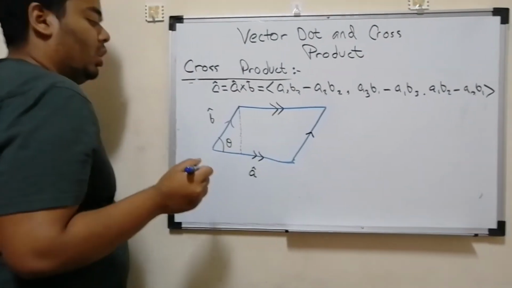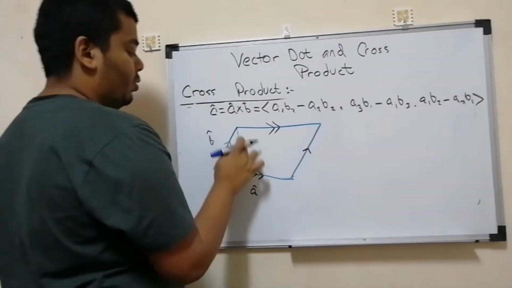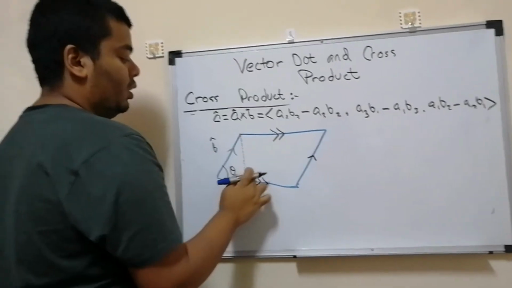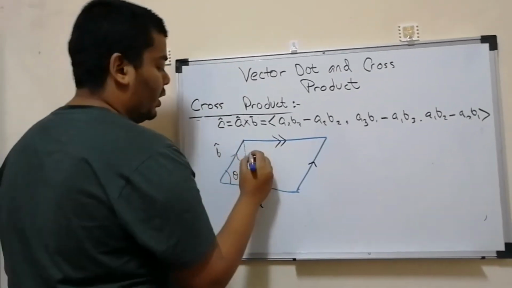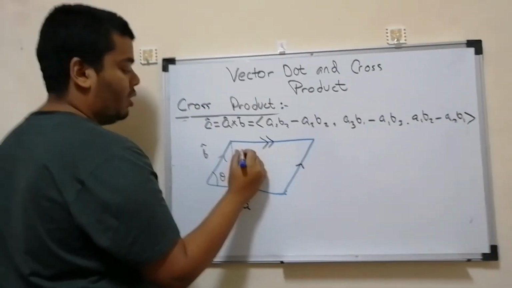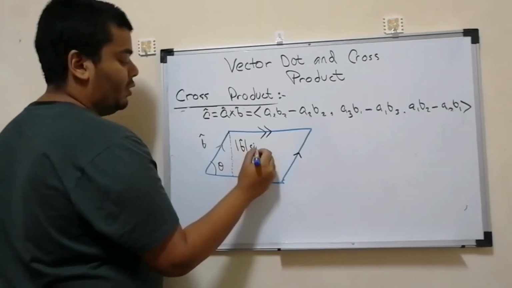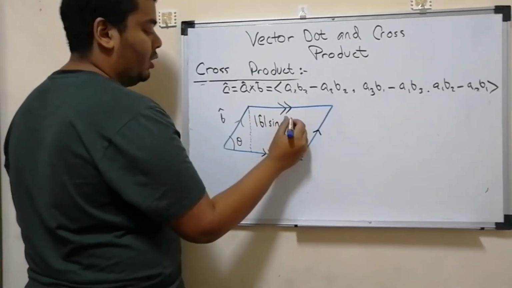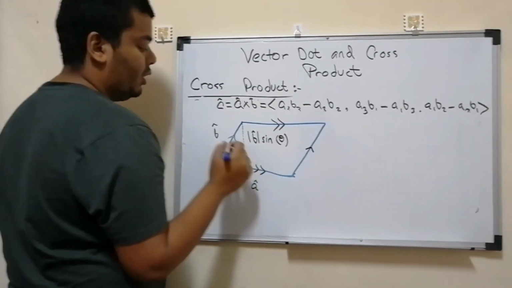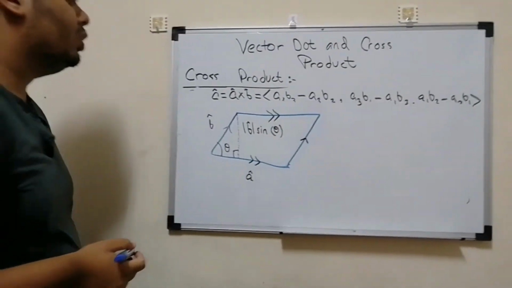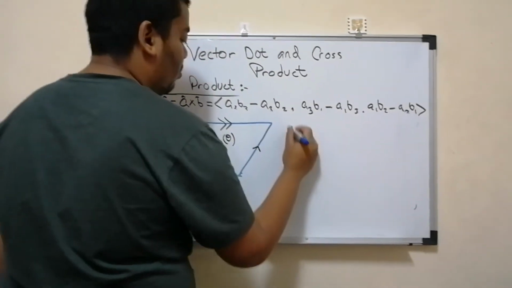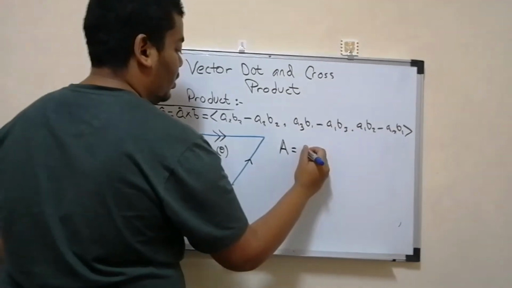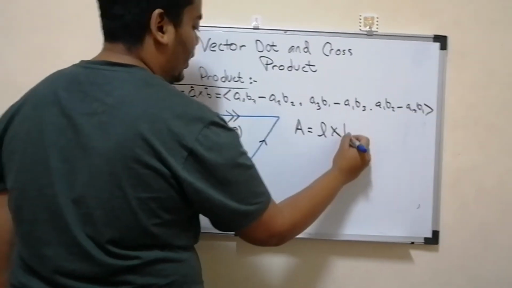So this particular height is given by the magnitude of B into sine theta. From trigonometry, we can know this. So the area of the parallelogram, as we all know, is length into height.